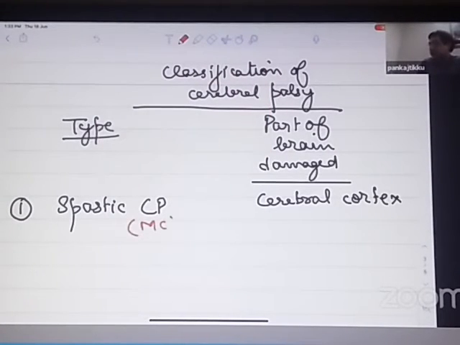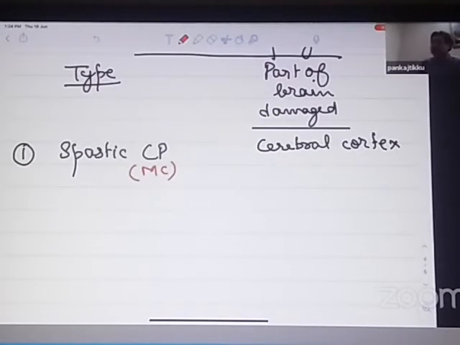Here the child has hands or legs which have gone into a spasm. In spastic cerebral palsy, either one half of the body is spastic, or both the arms and both the legs are spastic, or only the legs are spastic. So spastic cerebral palsy can be divided into three categories.